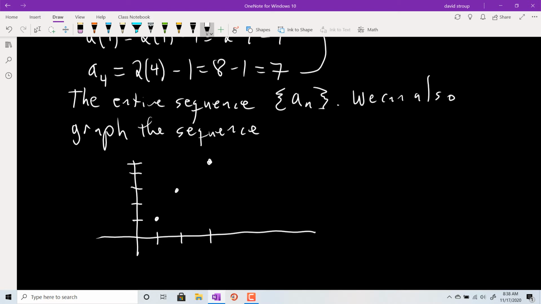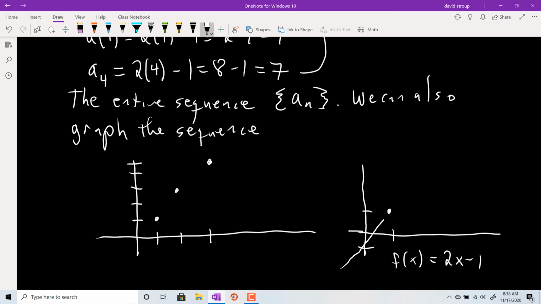It's an awful lot like if you were going to plot f of x equals 2x minus 1, right? And the domain was all real numbers. So when you plotted the thing, you would end up with a solid line, as opposed to just a bunch of dots.